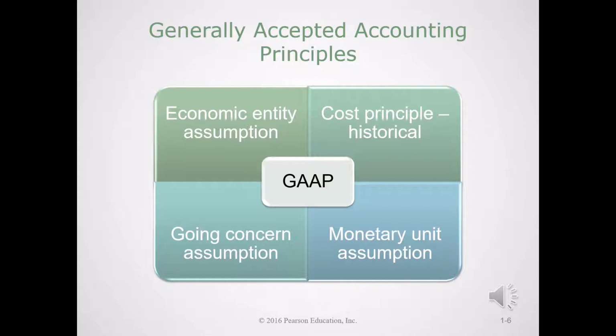You're going to hear a lot about GAAP this semester. GAAP stands for Generally Accepted Accounting Principles. Think about football teams for a second. What if the football teams on the West Coast had different rules than the football teams on the East Coast? Even if they played in completely different leagues, it'd be really difficult for us to compare two teams from either coast.